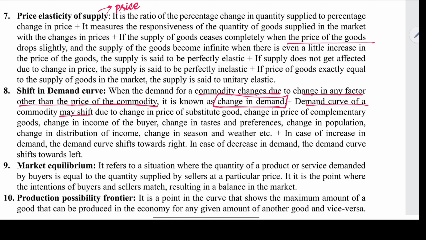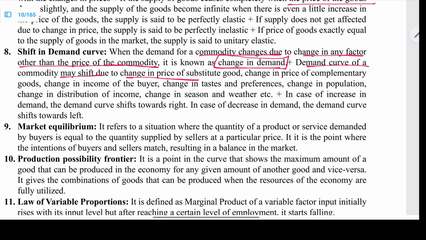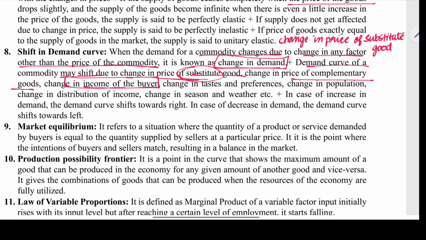The demand curve of a commodity may shift due to a change in the price of a substitute good, a change in the price of a complementary good, a change in the income of the buyer, a change in tastes and preferences, a change in population, a change in distribution of income, and a change in season and weather.